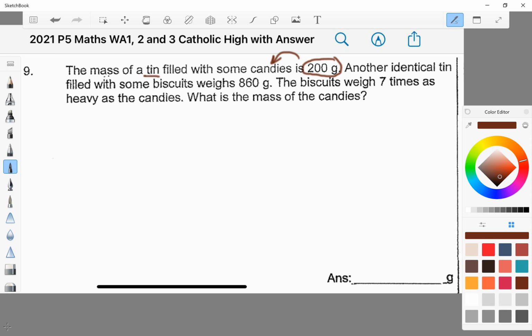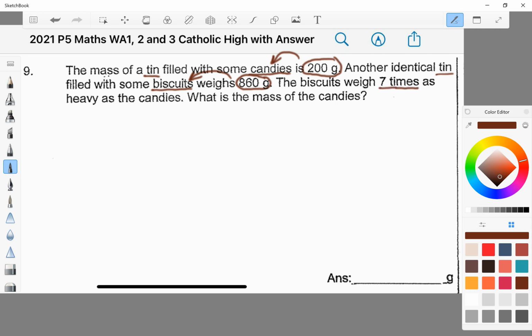So why is this Ri whole numbers? As you can see, there is one repeated container, and the container is the metal tin. So the same metal tin with candies and biscuits actually weigh differently. And they go on to say that the biscuits weigh 7 times as heavy as the candies.